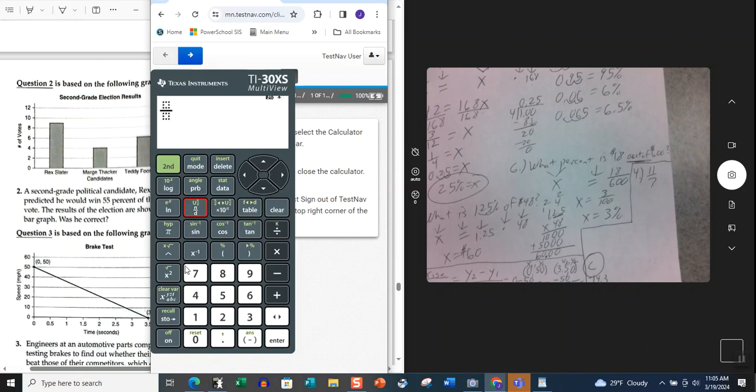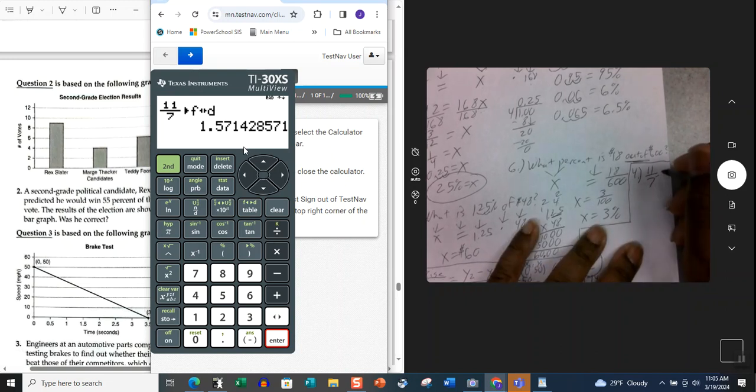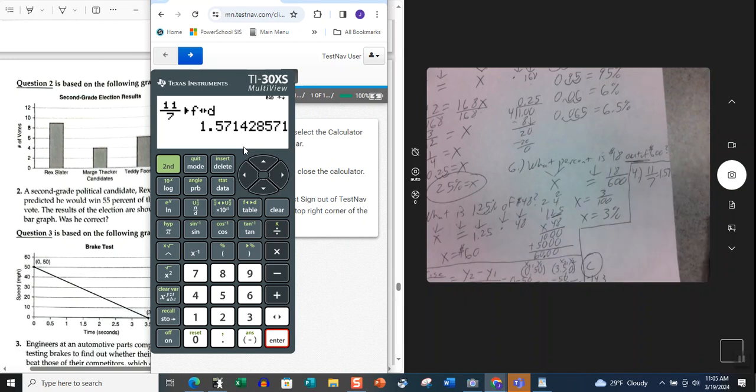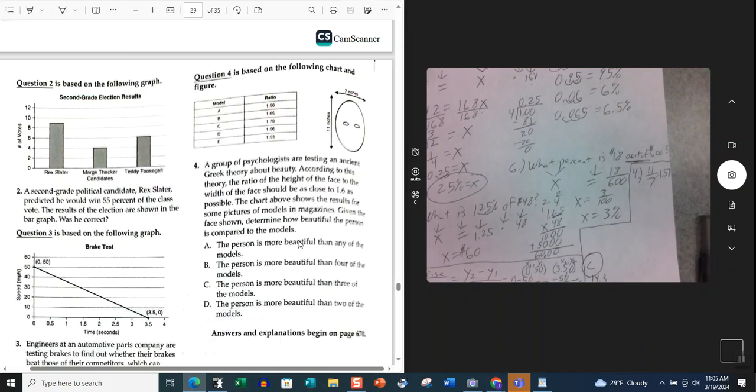N over D, 11 over 7, right arrow, then we'll press second, then table, because we want our answer to become a decimal, and that'll be about 1.57. So 1.57.